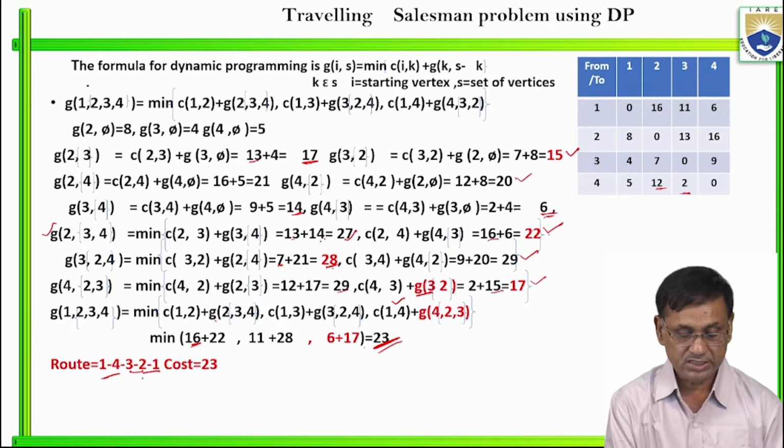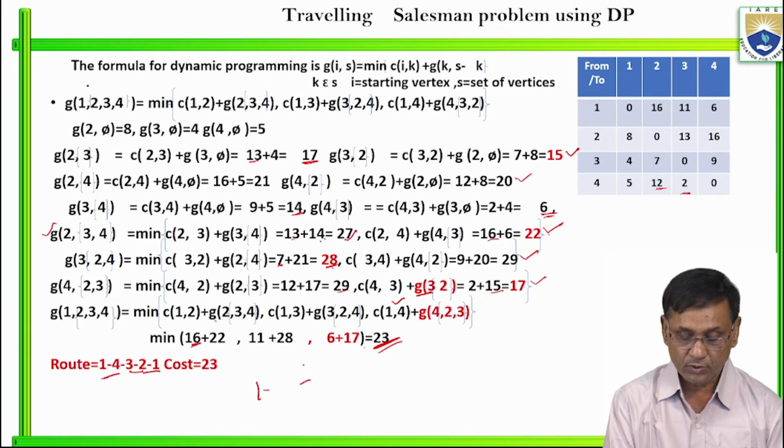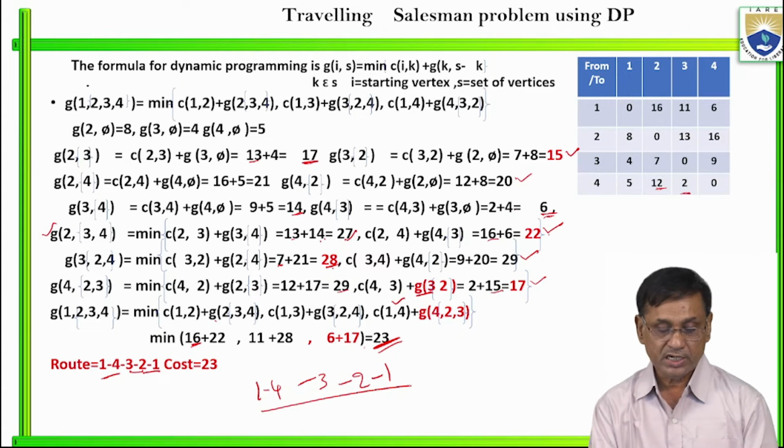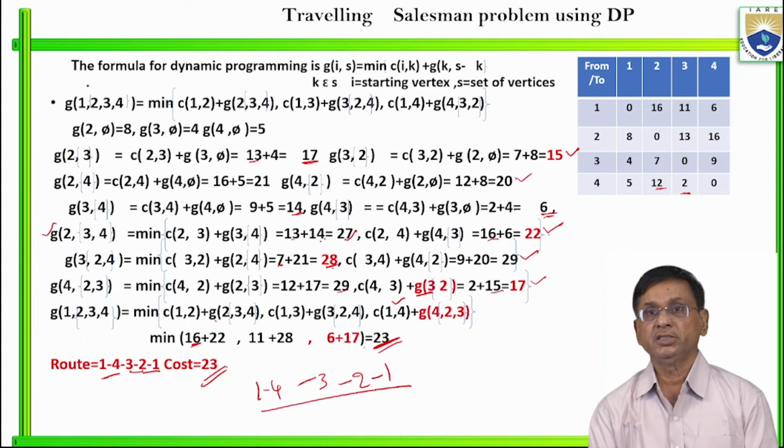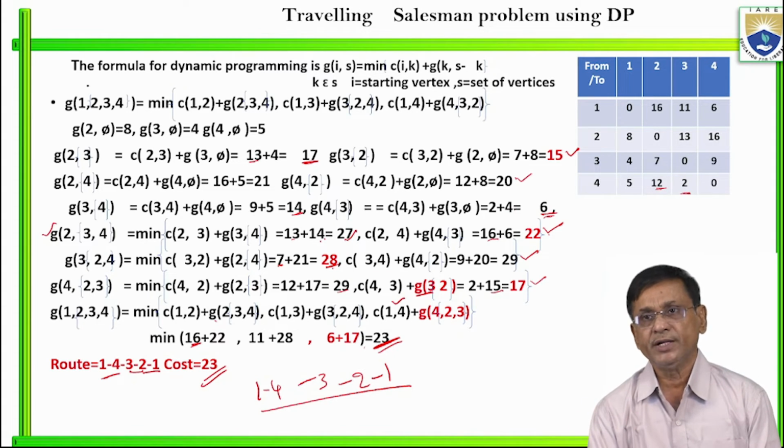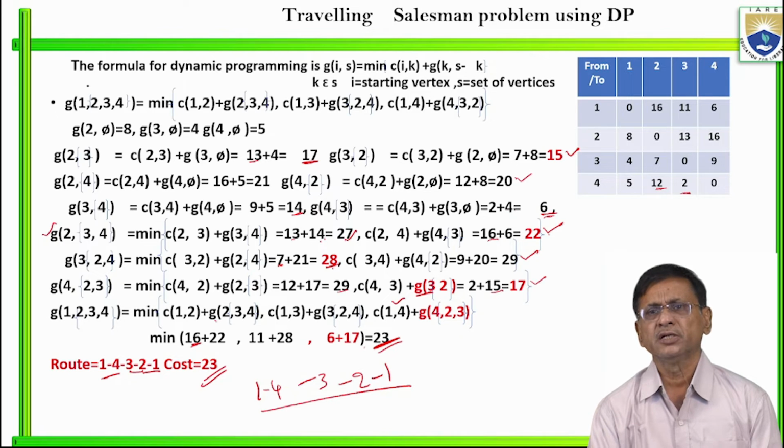So this is the path: 1 to 4, 4 to 3, 3 to 2, 2 to 1 is the route, and the minimum cost is 23. So in this way we can find the path by using dynamic programming.